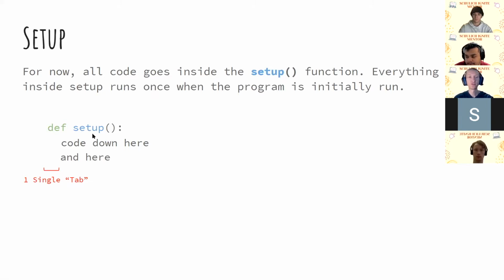The first line up at the top here is def setup with brackets and a colon. So you need that. Any code that you want to run just a single time at the very start of your program is going to go in here. It's going to go after it, and you'll need to put in a tab. These tabs let you know that it's actually inside of that setup function that you are creating.